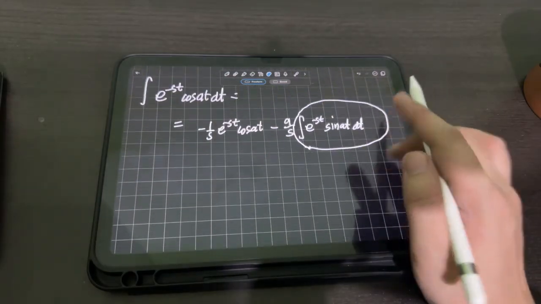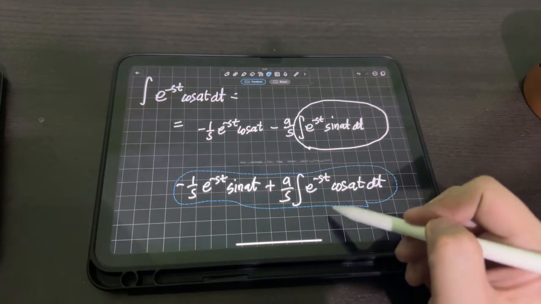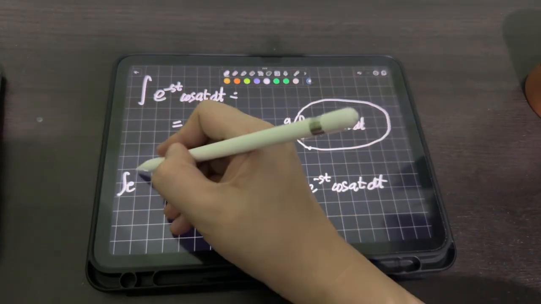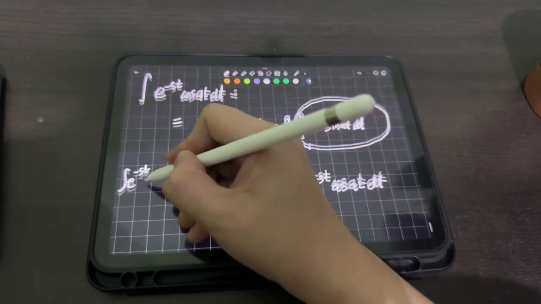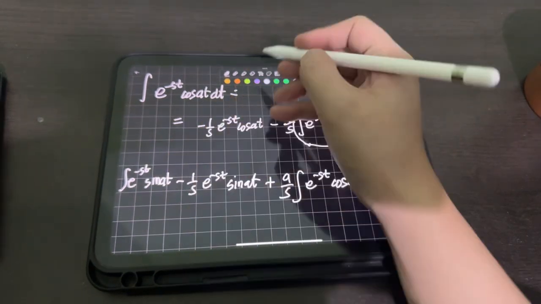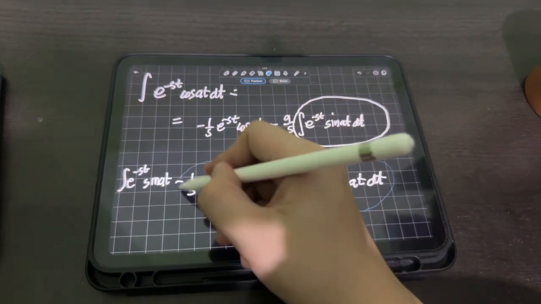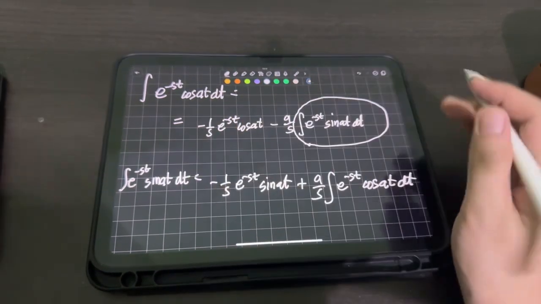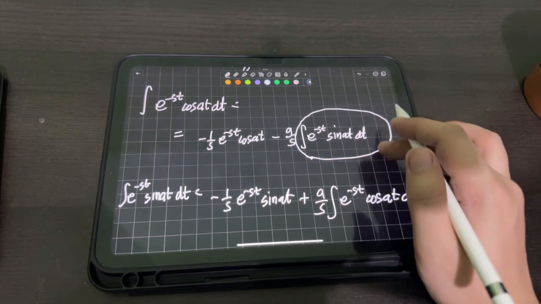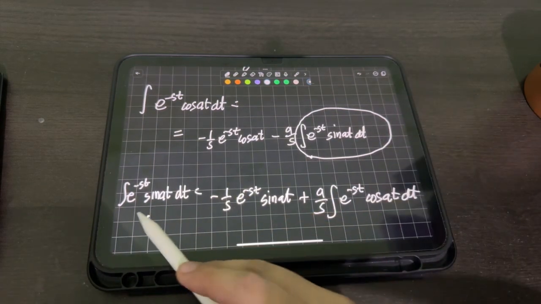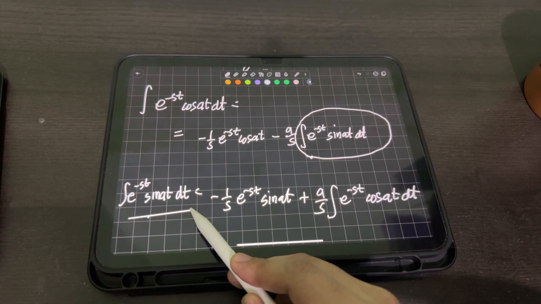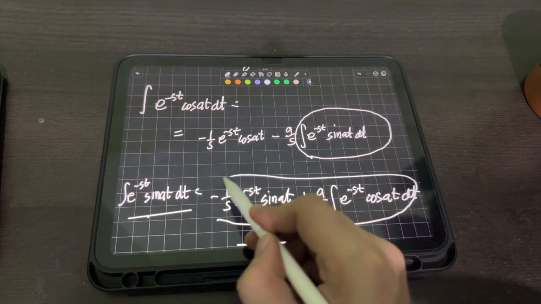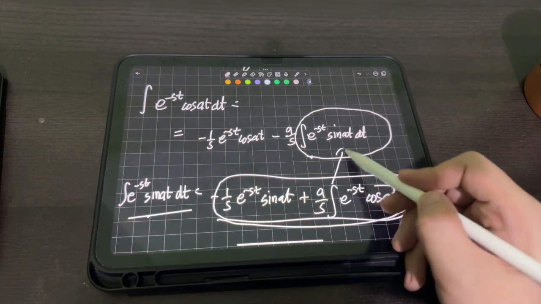It will be the same explanation using integration by parts, right? So this is the integral of e to the negative st sine at dt. Therefore, we can substitute the value of this integral in terms of these two terms here.